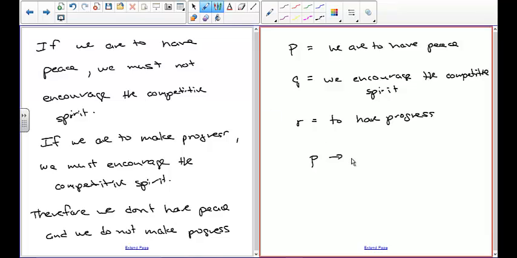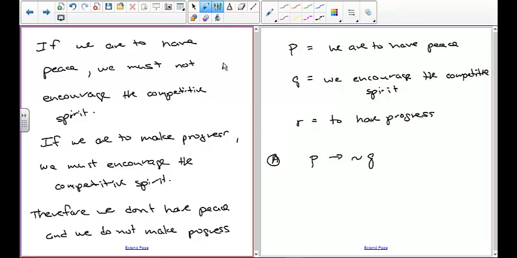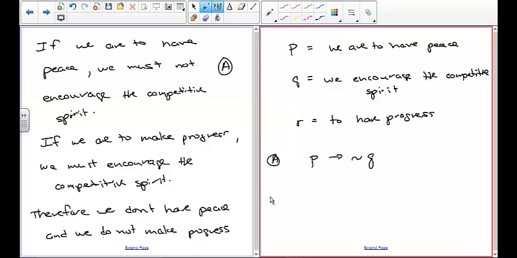So that's if P, then not Q. So that's premise A. Okay, statement B, which is the second premise: if we are to make progress, so progress is R, we must encourage the competitive spirit. So if R, then Q.